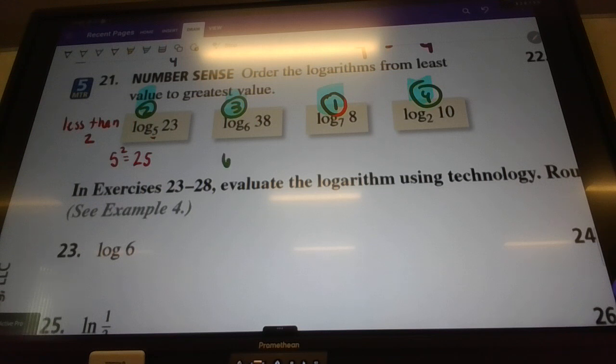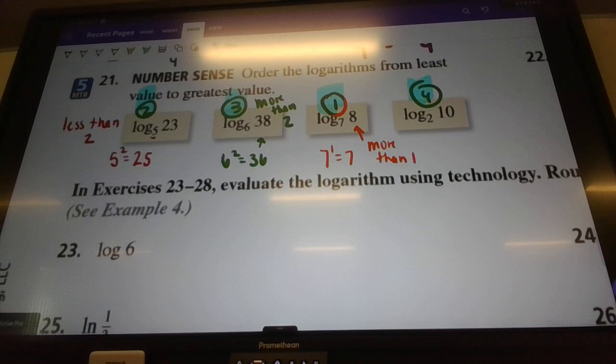Okay, I know 6 squared is 36. So I know the answer to this one has to be more than 2. No calculators, just understanding numbers. I know 7 to the first is 7. So that means this has to be more than 1. Not much more than 1, just a tiny little bit more than 1.